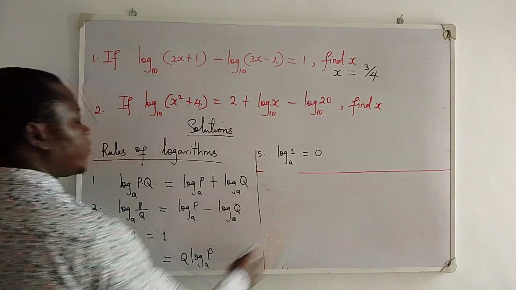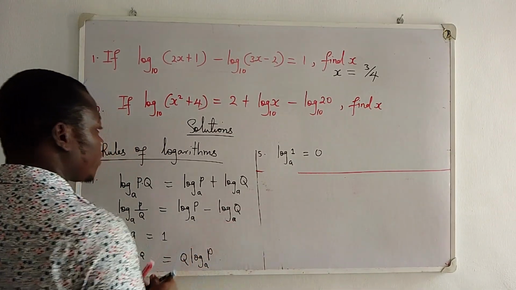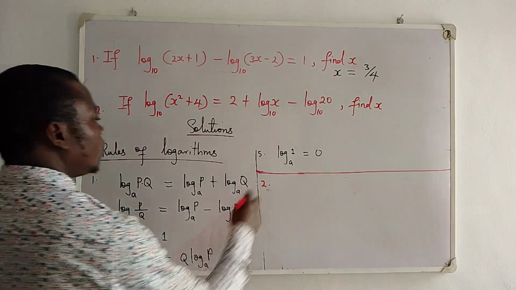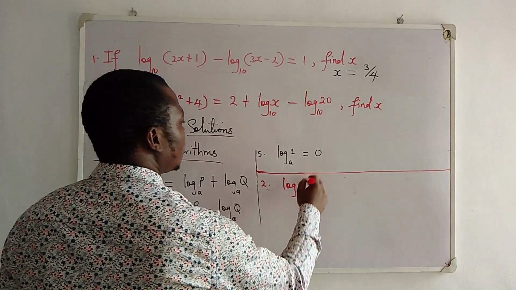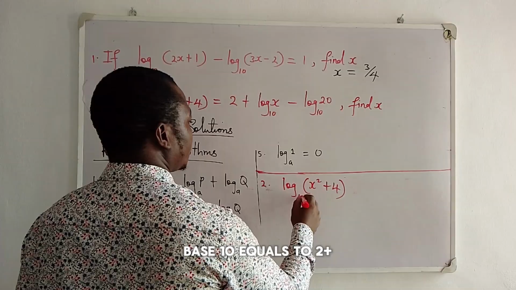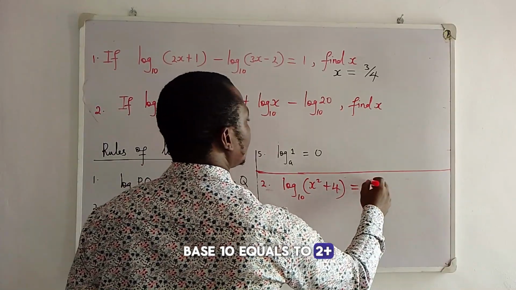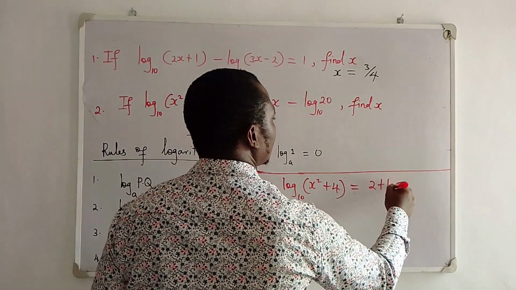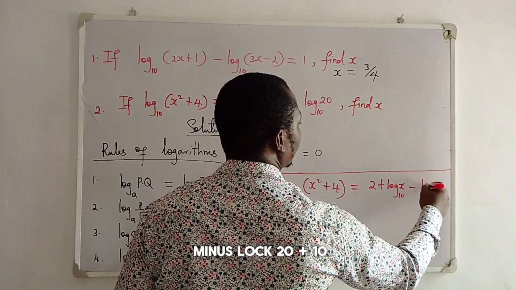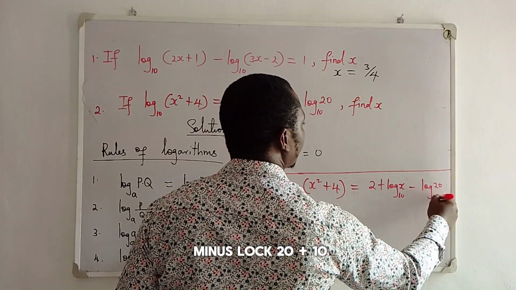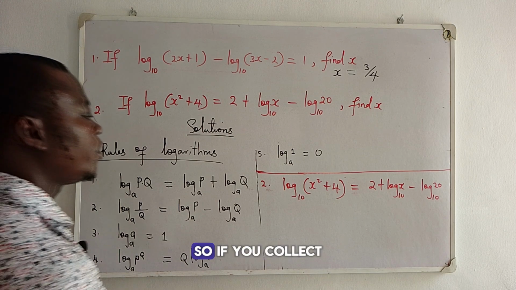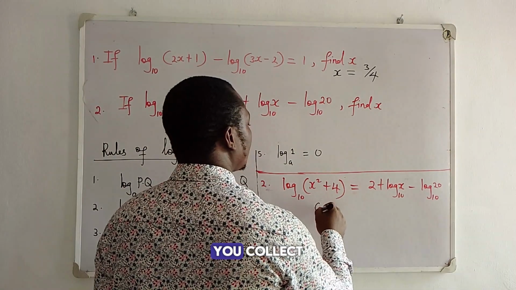So we have number 2: log of x squared plus 4 base 10 equals 2 plus log x base 10 minus log 20 base 10. Now to solve that, we need to collect like terms.